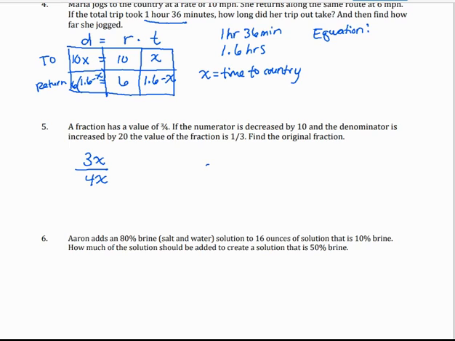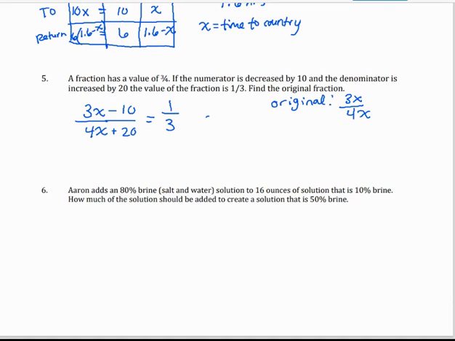If the numerator is decreased by 10, so if I subtract 10 from the numerator, and the denominator is increased by 20, now that fraction equals 1/3. Okay, so go ahead and solve that. And remember, our original fraction is 3x over 4x. So once you figure out what x is, you can plug it back in. Try solving that.